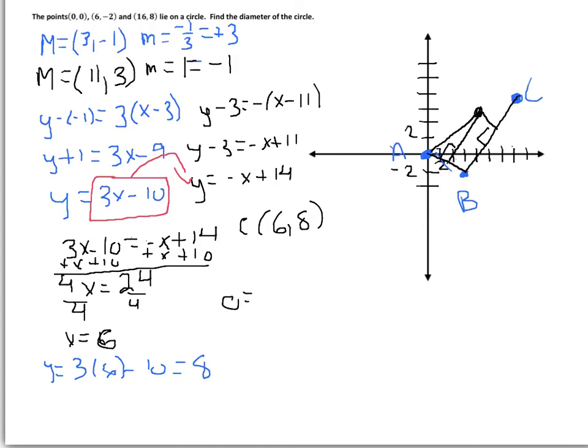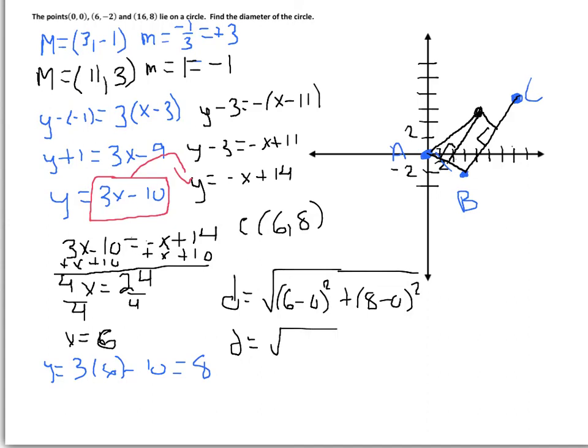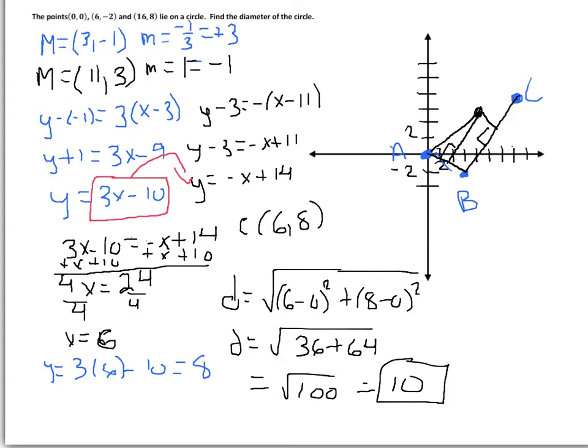So distance formula: 6 minus 0 squared plus 8 minus 0 squared. Distance equals square root of 36 plus 64, square root of 100. So the distance is 10. But that's the radius.